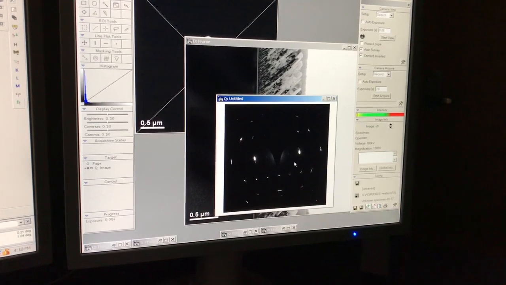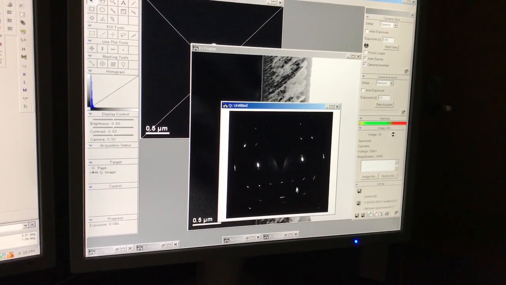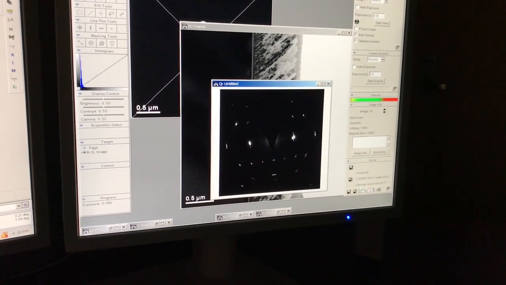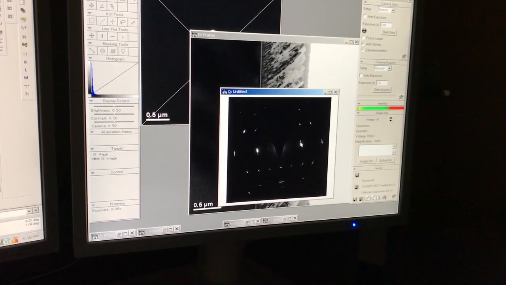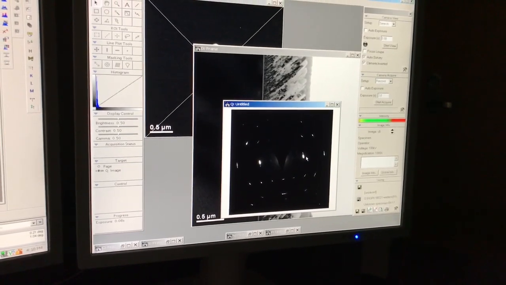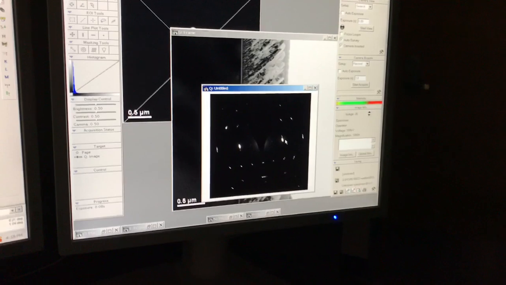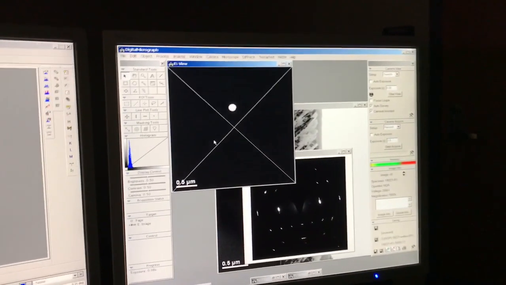But if I use a smaller SA aperture, I might see a difference because this film isn't a perfect single crystal. So if I use a smaller aperture, what's likely going to happen is I'm not going to see quite as much broadening in the spots, because I'm restricting the number of grains, if you will, or regions, that are contributing to the pattern.